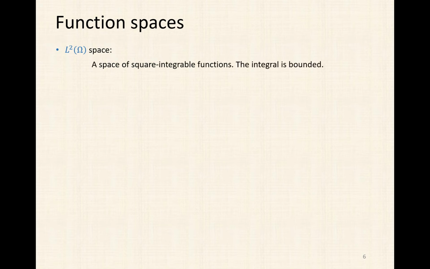But before we go into the 2D and 3D problems, let's have a brief look at the function spaces. So the L2 space. What is an L2 space? The L2 space is a space of square integrable functions, where the integral is bounded. So what does this mean? It is a space with v as its member.